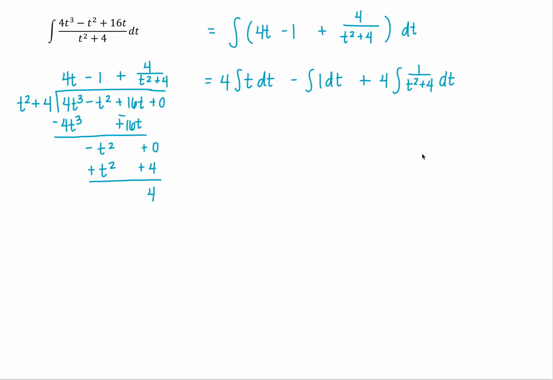I mean, you're going to get the same answer either way, but if you want to break it up as 3 separate integrals, that's totally fine. The first 2 are very straightforward, pretty easy to integrate. The third one actually uses one of the formulas. Not going to go back to the table, but I will just give it to you.